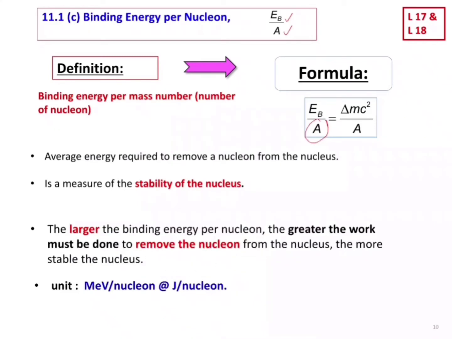So the larger the number, the more energy we need to split the neutrons and protons in the nucleus. The unit for binding energy per nucleon is MeV per nucleon, or joule per nucleon.